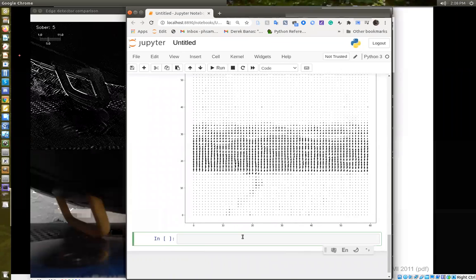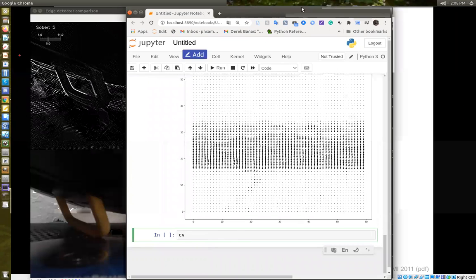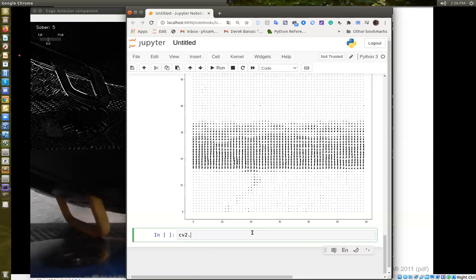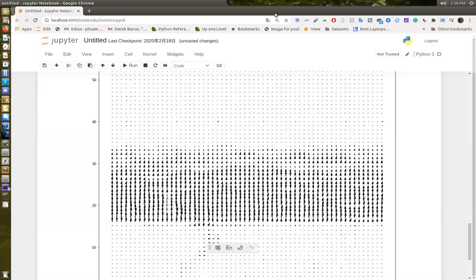I use this function as CV2. Oops, I want to turn off my Cantonese input here.